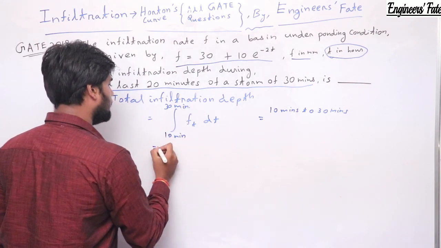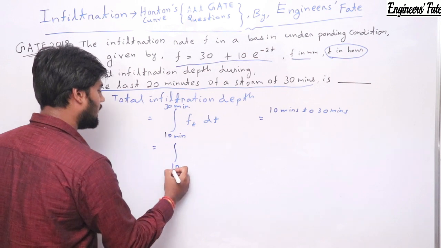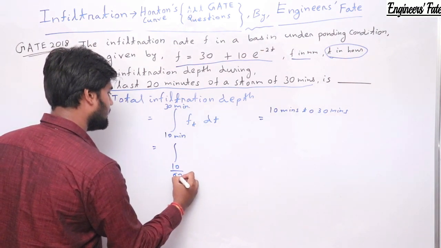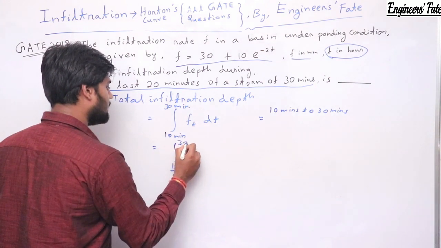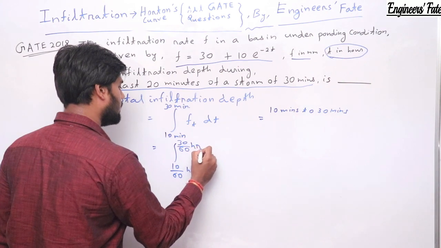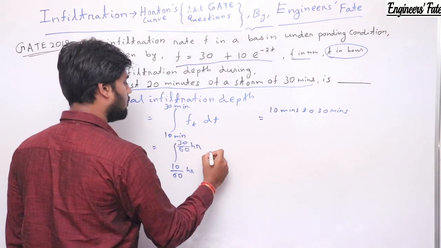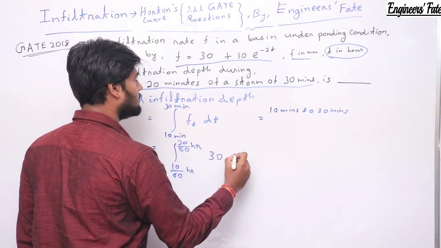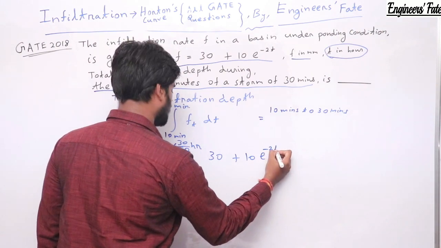To convert it into hours, that will be 10 by 60 hour to 30 by 60 hour, and f(t) equals this equation, 30 plus 10 into e to the power minus 2t.